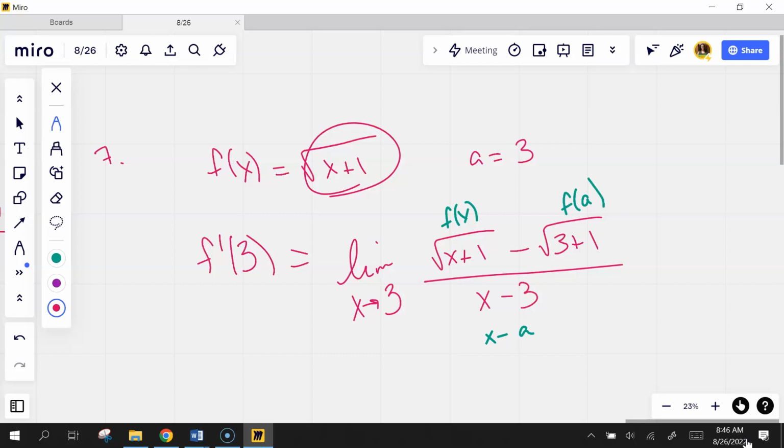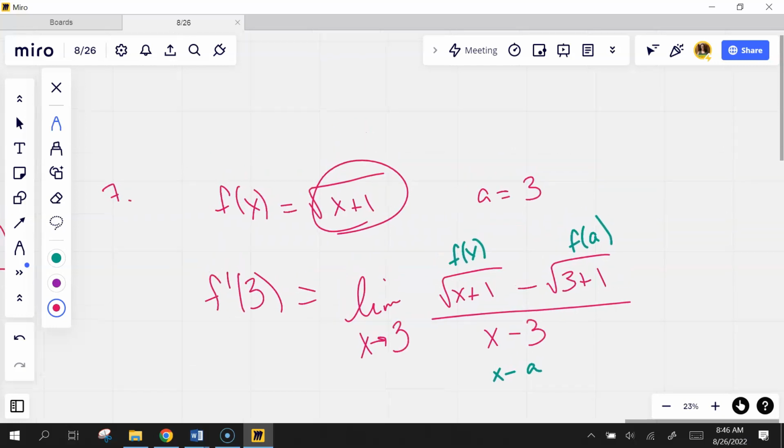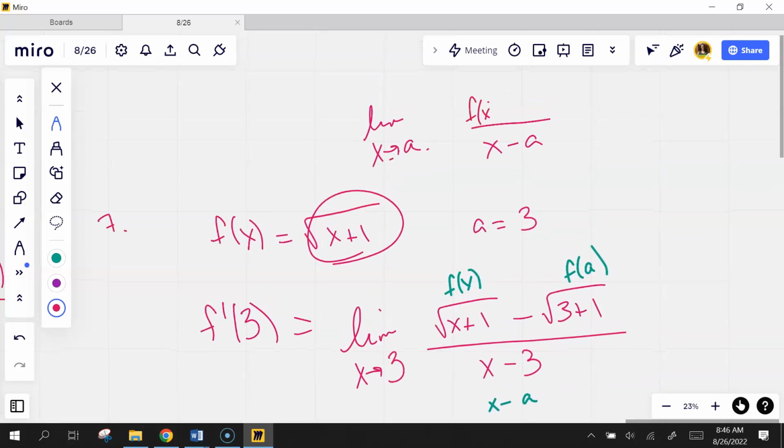A and x are different here. If you plugged it in, because that formula is the limit as x goes to a, the bottom is x minus a, so you'd always get 0 on the bottom. This is f of x minus f of a.